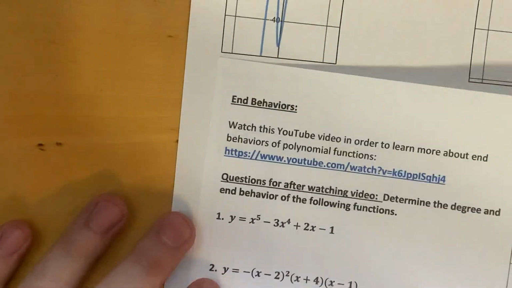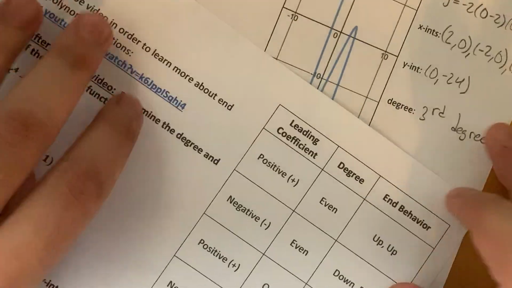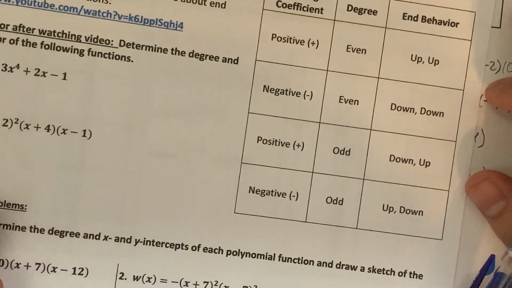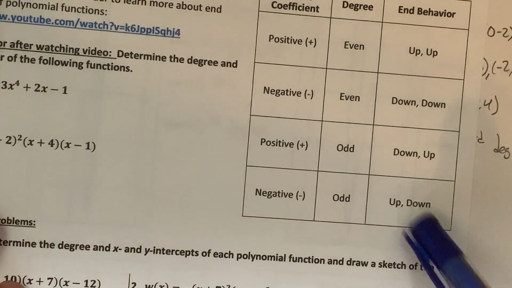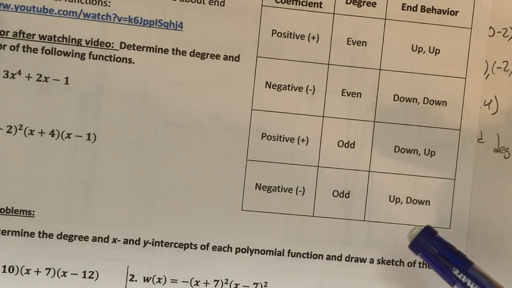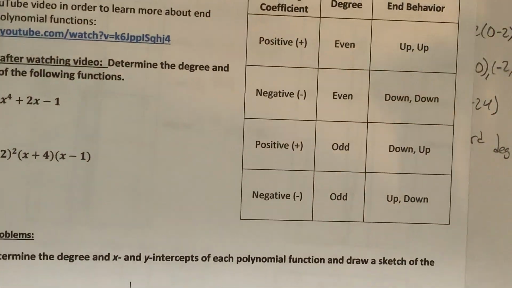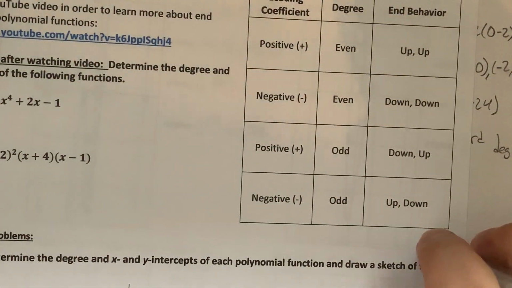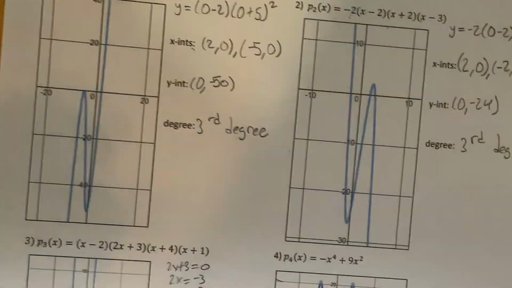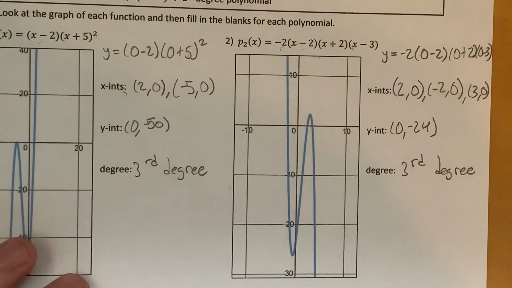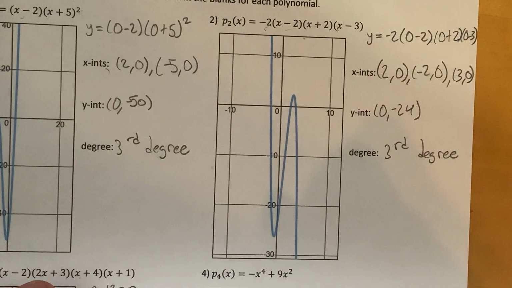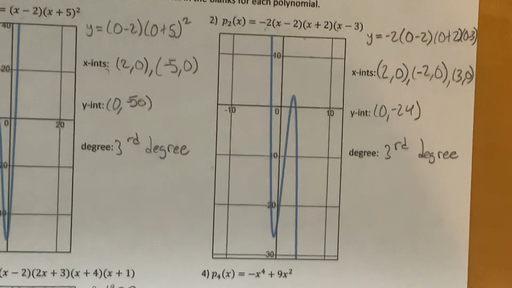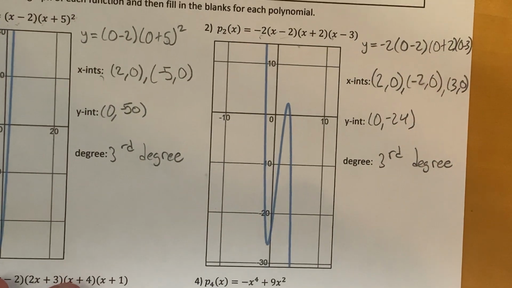So if we look at the odd, negative and odd, it goes up on the left end, and then on the right end, it goes down. Is that true? Well, number 2 has those conditions.